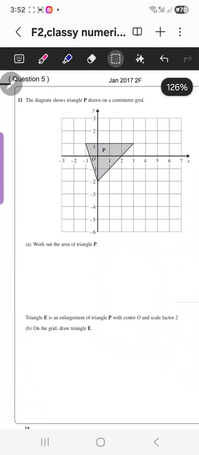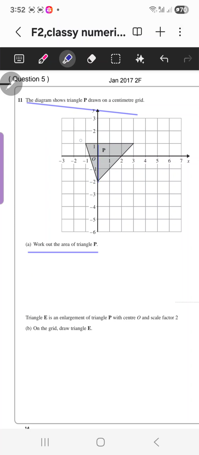And for this one, he asks you for the area of P. He gives you the triangle P drawn on a centimeter grid and asks you to work out the area of P. To get the area of P, we have half base times height.